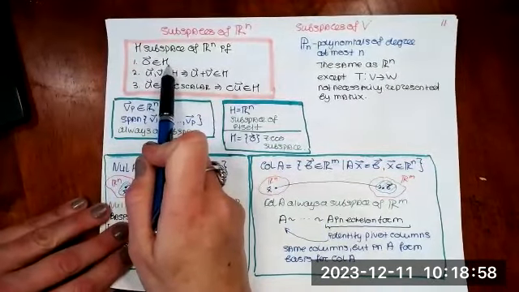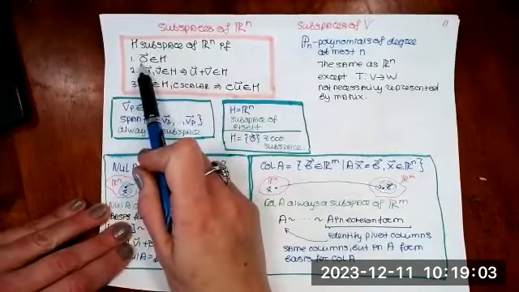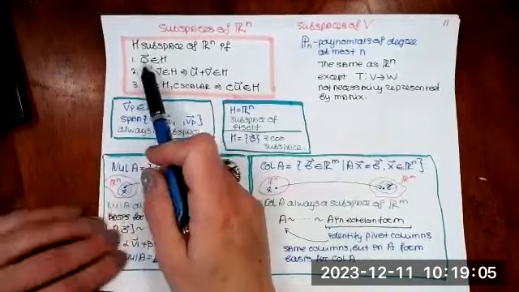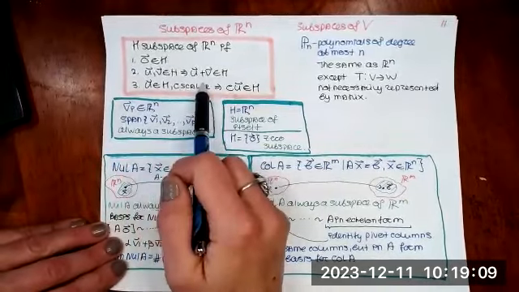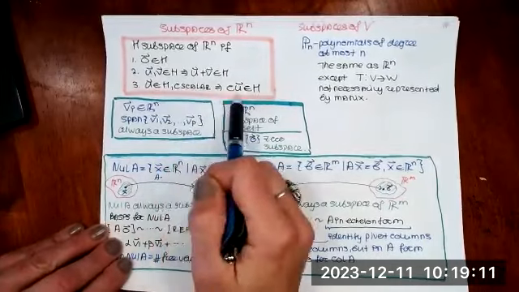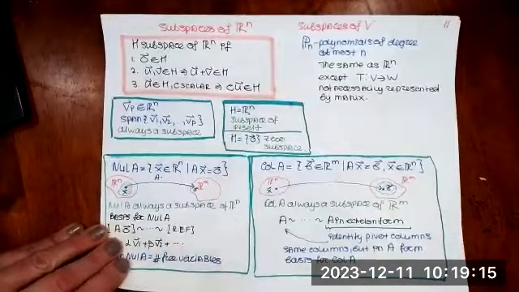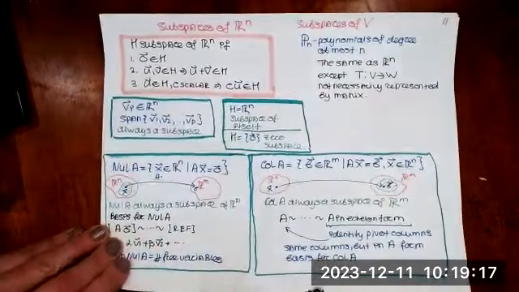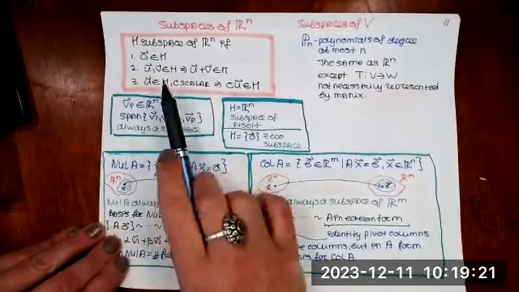You can have subsets of Rn which don't include zero, and those aren't going to be subspaces. Subspaces have to have zero, and be closed under addition and scalar multiplication. So subspace and subset are not the same thing. A subspace is a subset, but not all subsets are subspaces. They have to satisfy those conditions.